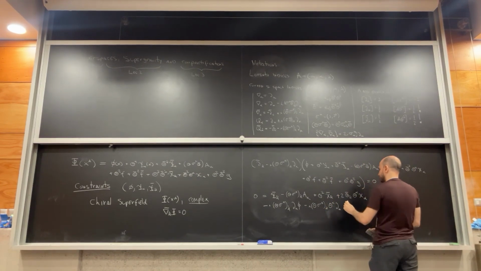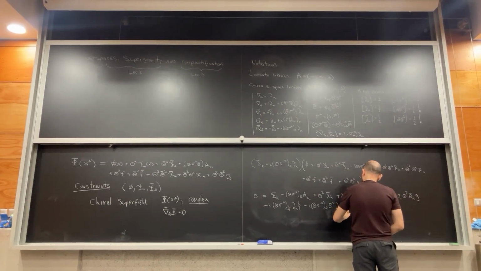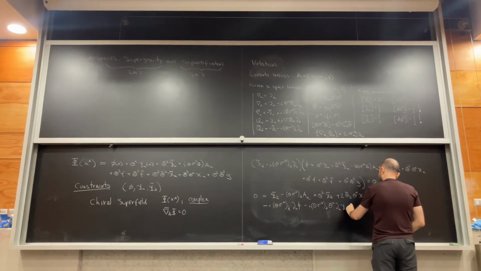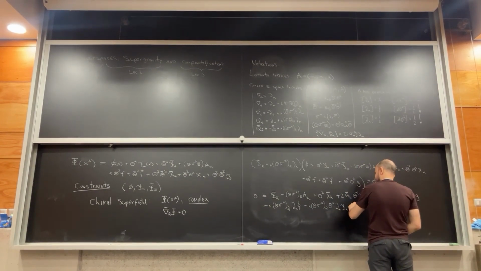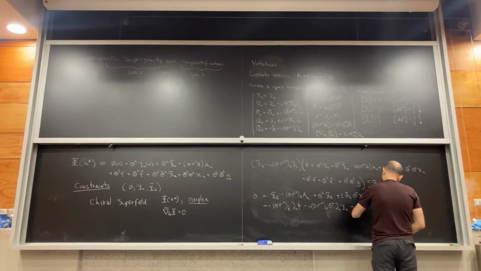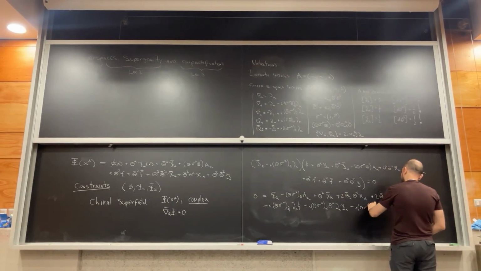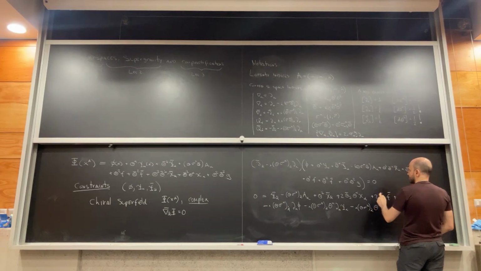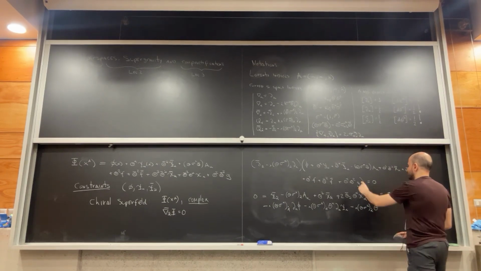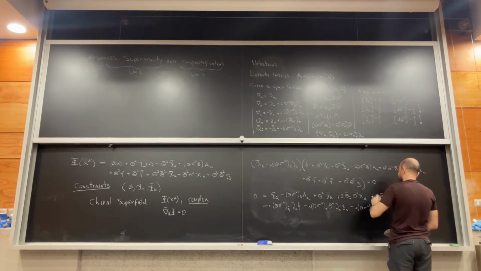Derivative of a, then minus I theta alpha dot theta. I'm going to change this index to beta.